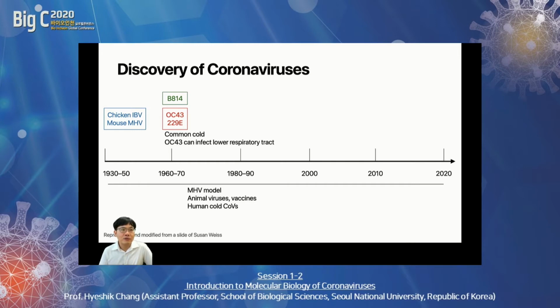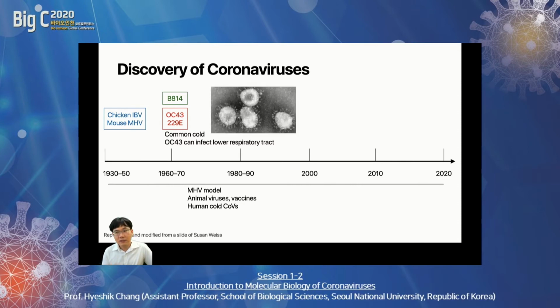And then they continued the research and they found new strains, 229E and OC43. Soon after, the electron microscope was used and they studied them. Now, the famous crown shape was observed, and people started to call them coronavirus.